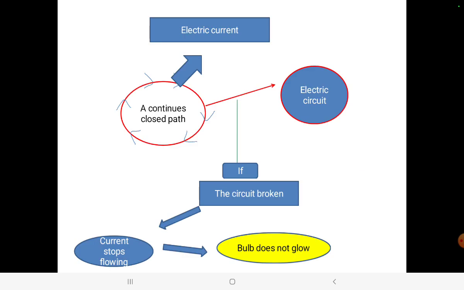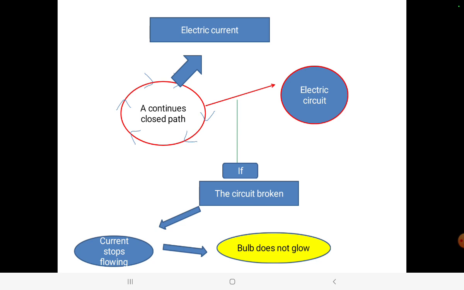And now electrical current, as well as electrical circuit. That means a continuous closed path, either using metal, for the circulation of electricity.